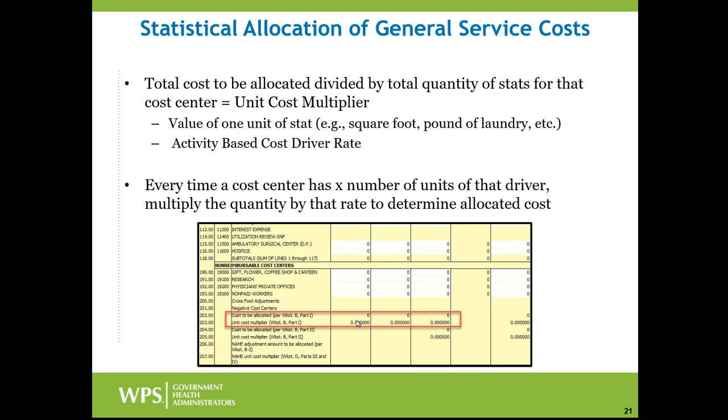So if that square footage cost ended up being $1.25, then every time there was a square foot in a department, they'd get $1.25 of that total cost. So to allocate the actual cost on worksheet B, you take that unit cost multiplier for that particular column, and then you multiply it by the number of square feet for that one cost center under this column, and that determines the amount of overhead cost that it's going to get out of that one column.